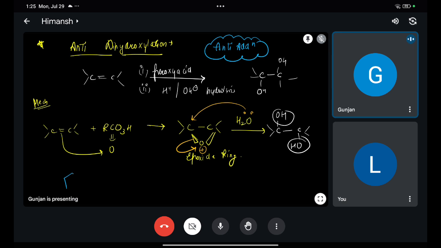Okay, so if we are having, let's say, this structure, and if we are having peroxy acids, either on wedge or on dash.